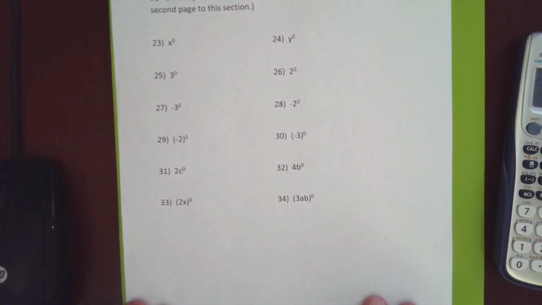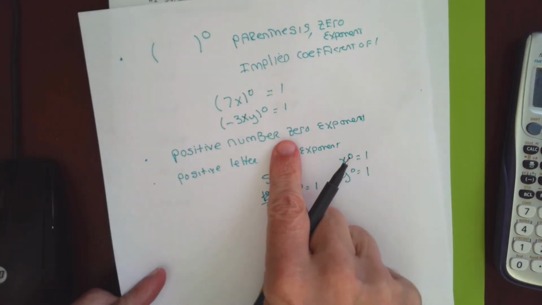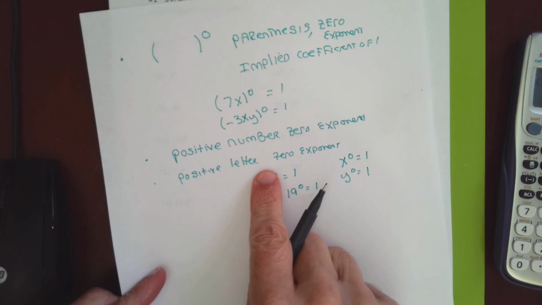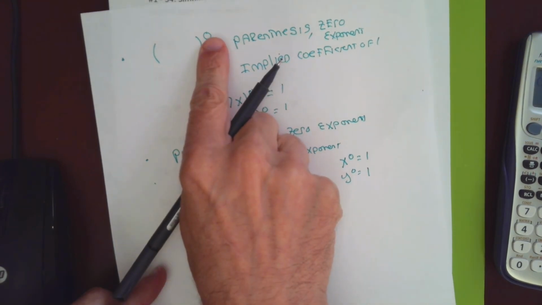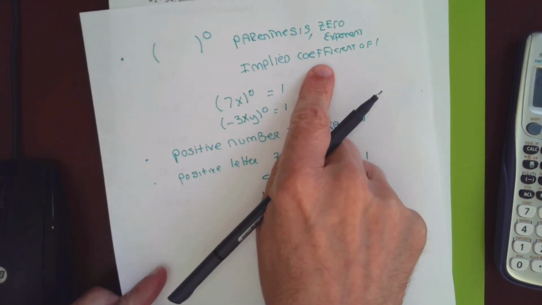Few more, and then we'll break into a part 2. And these I'm just going to try to do in my head, and I'm going to identify the problems that are 1. To be 1: positive number with a 0 exponent, positive letter with a 0 exponent, parentheses with a 0 exponent with an implied coefficient of 1.